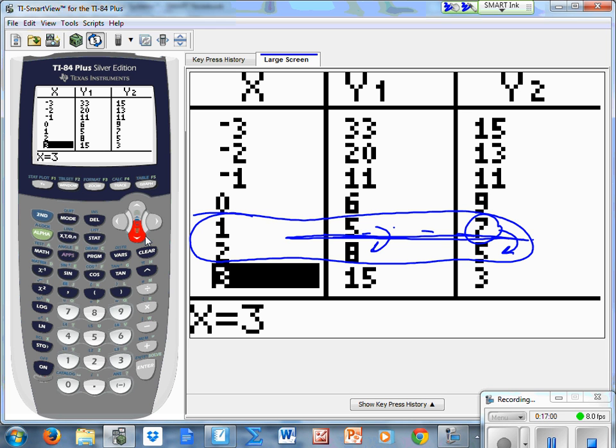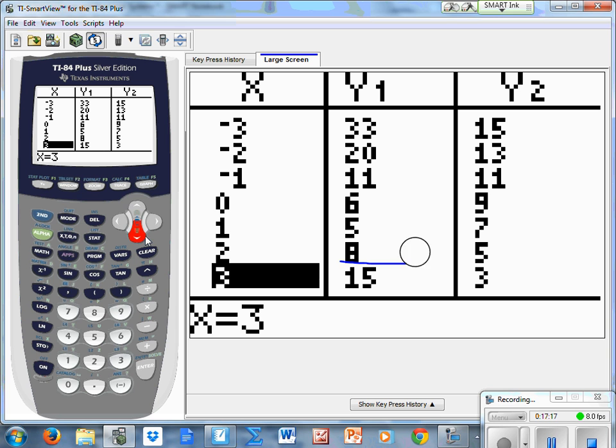If you're asked to do this on a test for us, you won't have to find solutions based on something like this. You're going to see the tables match, but you should know that if you look here and you come in between those two values, 1 and 2, you're going to find that 6 would fit in the middle of 5 and 8, right?